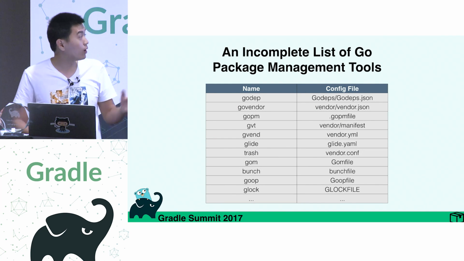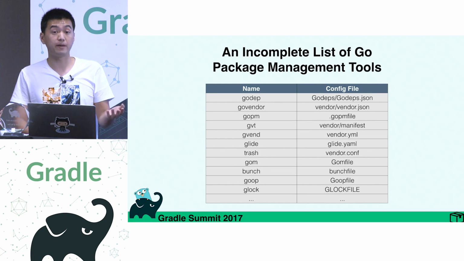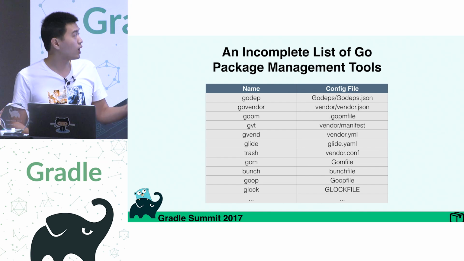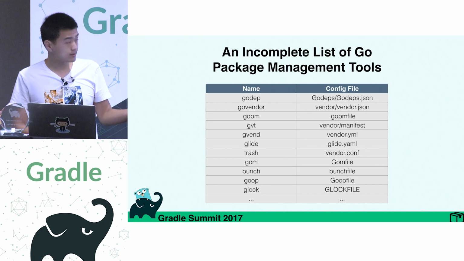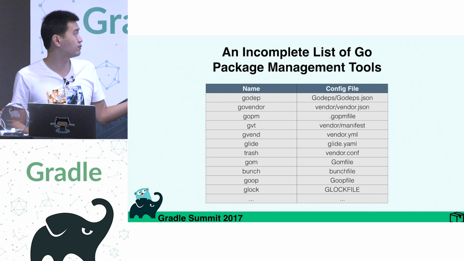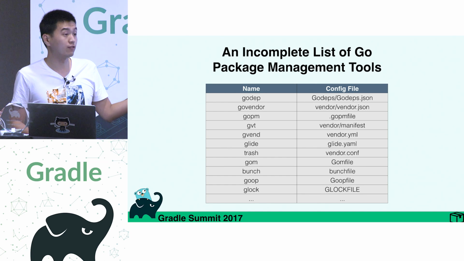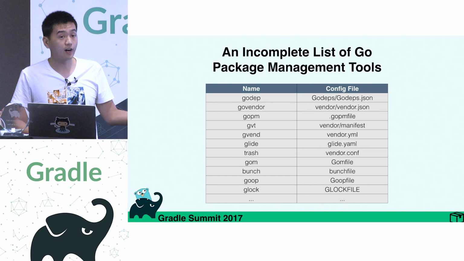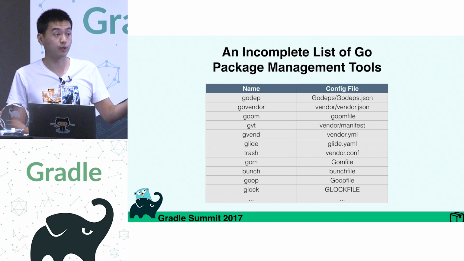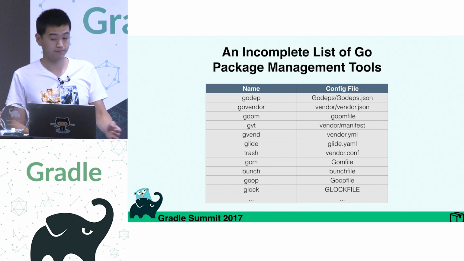And there's no official solution for package versioning, so a lot of package management tools appear. Here's an incomplete list of Go package management tools from the Go Wiki. Almost each of them maintains a config file or lock file to record the transitive dependencies.